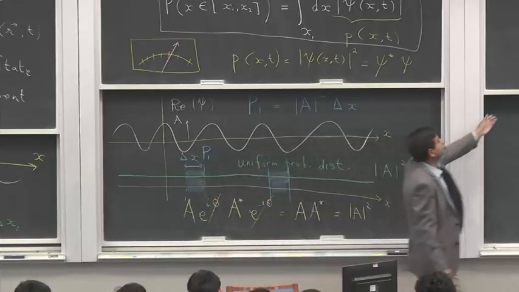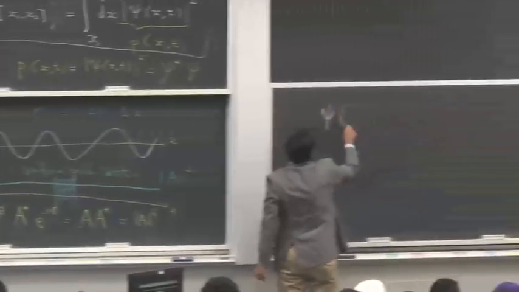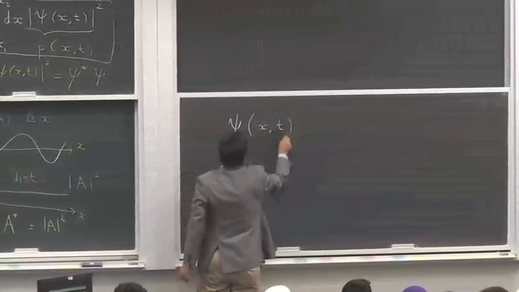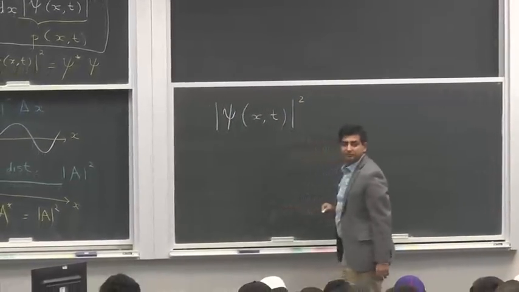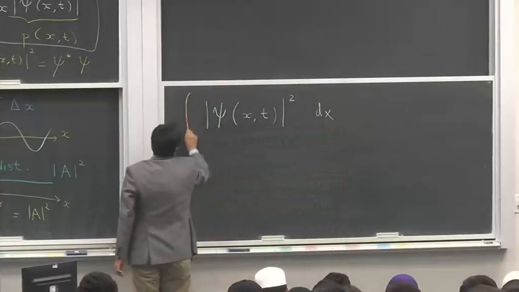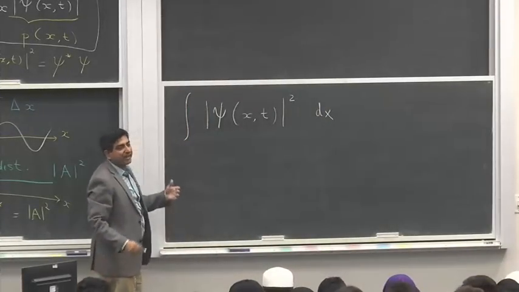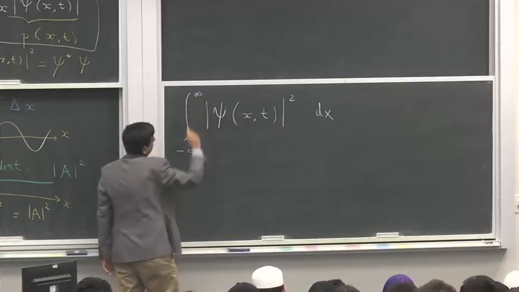So if I were to take a wave function, take the modulus squared, multiply it with dx and take the integral. And my x now goes from minus infinity to plus infinity.